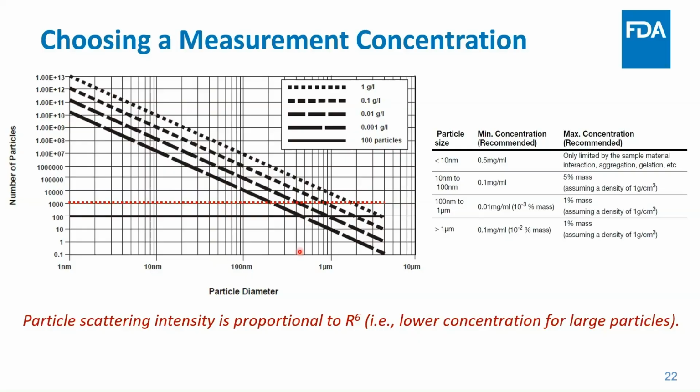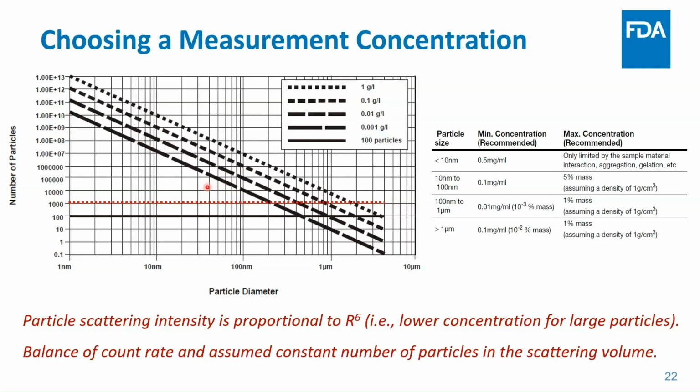And so this can actually create artifacts where as the concentration of particles in the scattering volume decreases, you get fluctuations in light that are from the concentration of particles in the system and not the actual Brownian motion of particles in the system. So in general, this kind of little pie slice of this chart here on the left is the operating region of concentrations.